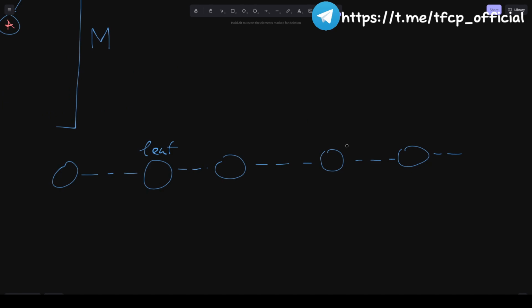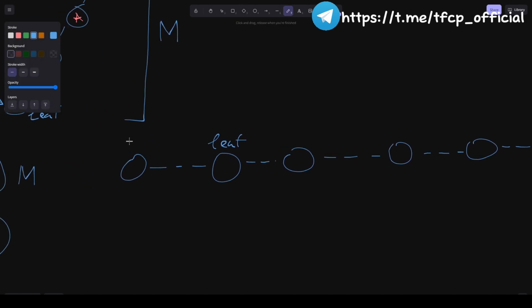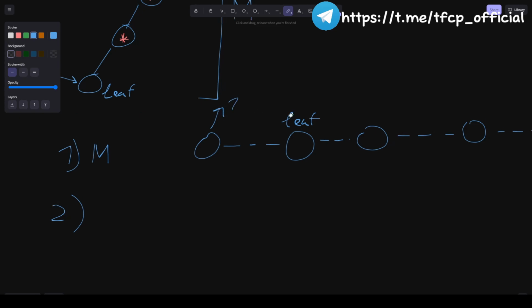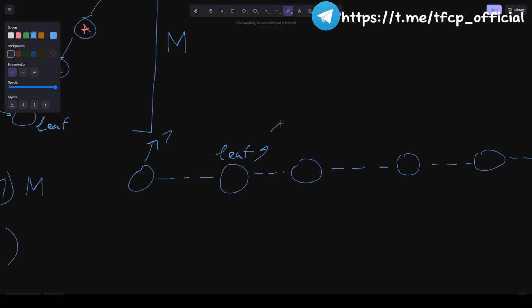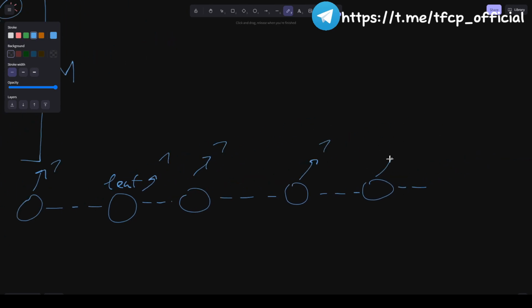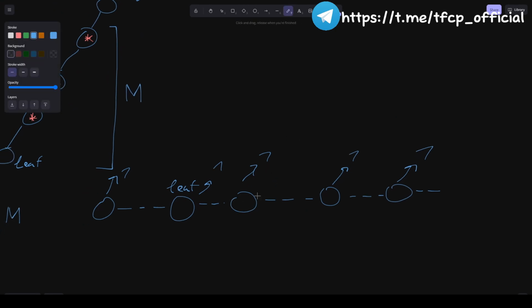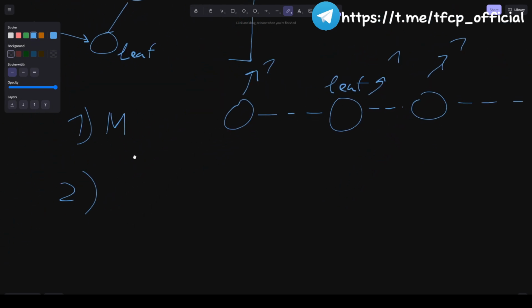If it is the root, it will be performed in O(1) time. So if we want to decrease this key, it will be done in constant time. This one will also be O(1), and this one too, because they are all at the root and there will be no lifting here. We just update it and change the heap. This is all done in constant time.